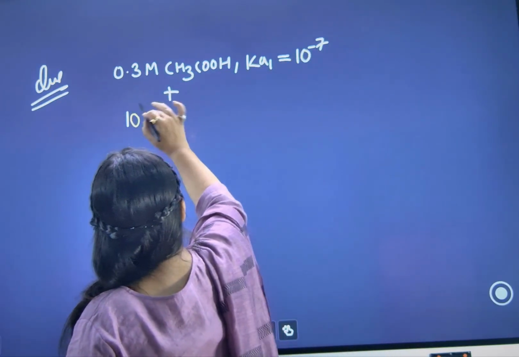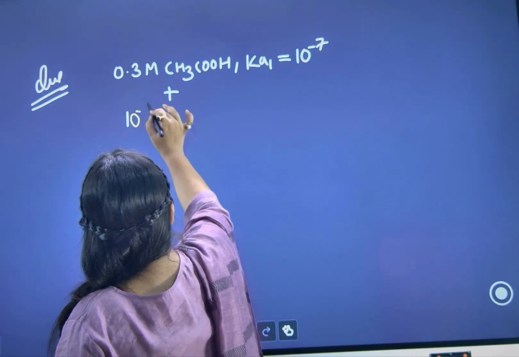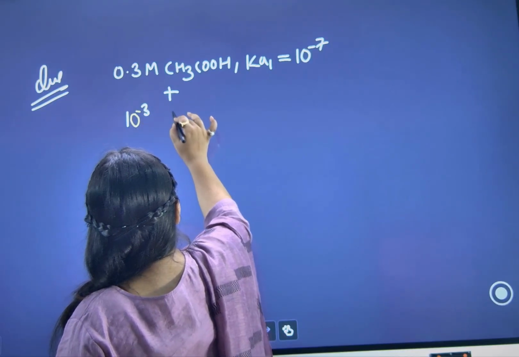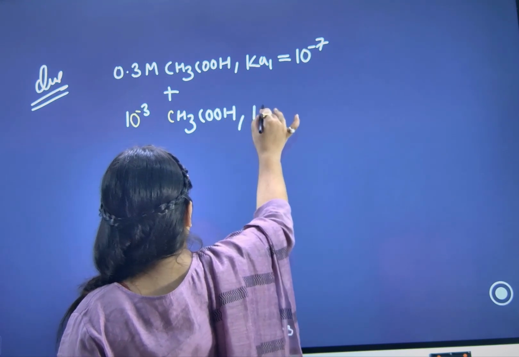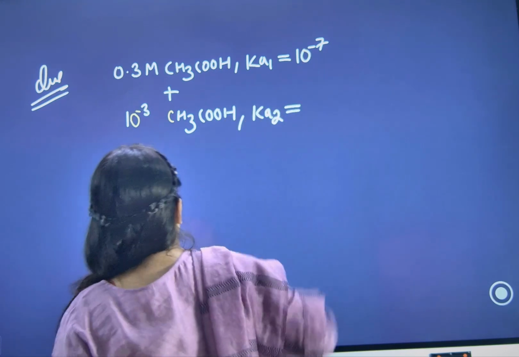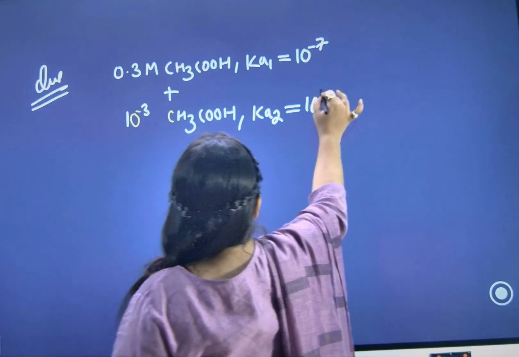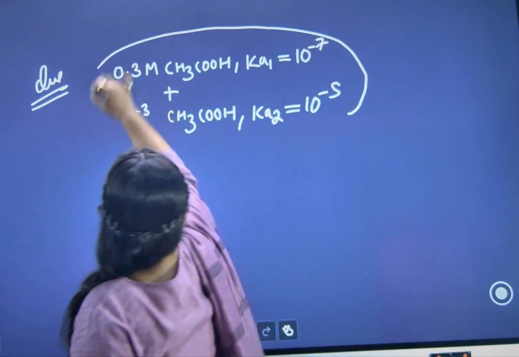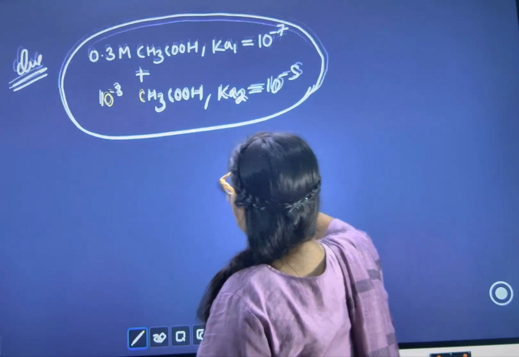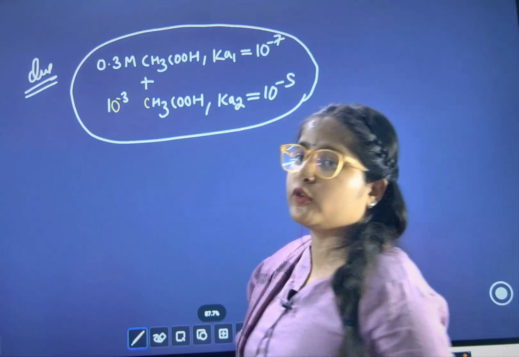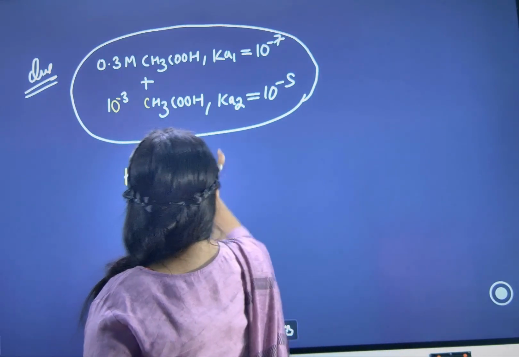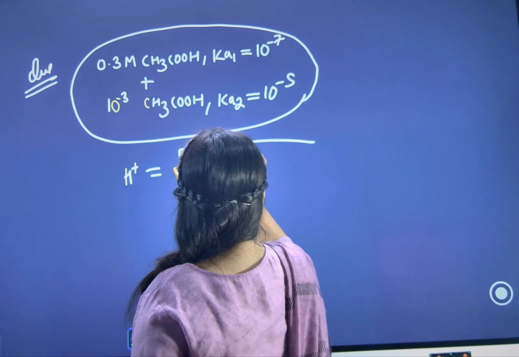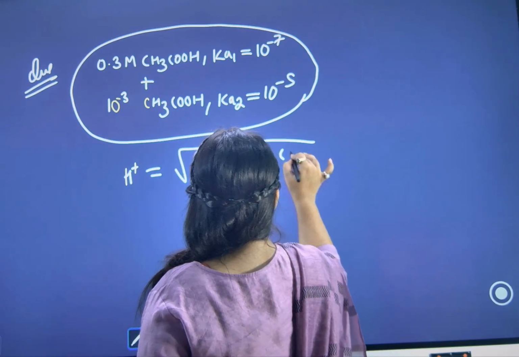Now here let's say for example I am taking here 10 to the power minus 3 molar CH3COOH, and here Ka2 we can take as 10 to the power minus 5, and for this weak acid mixture let us calculate the pH. So what I have told you, for weak acid mixture we will calculate our H ion. How will we calculate our H ion? Under root Ka1 C1 plus Ka2 C2.